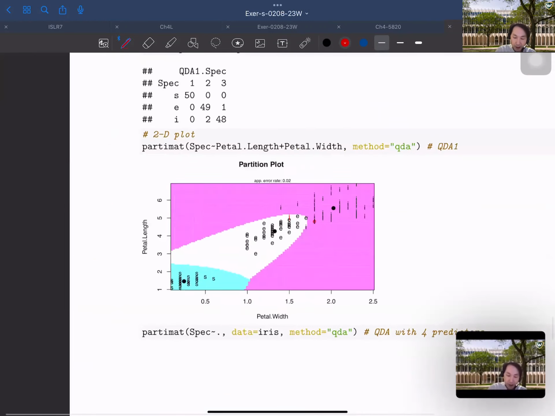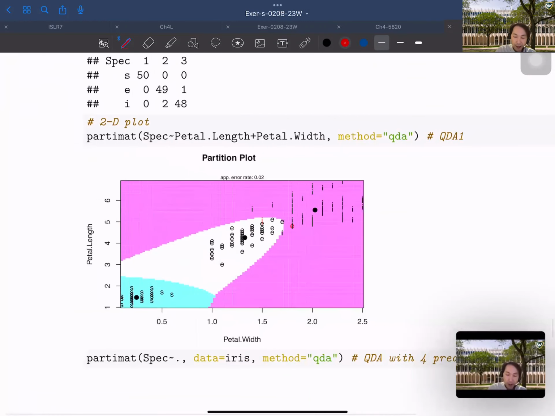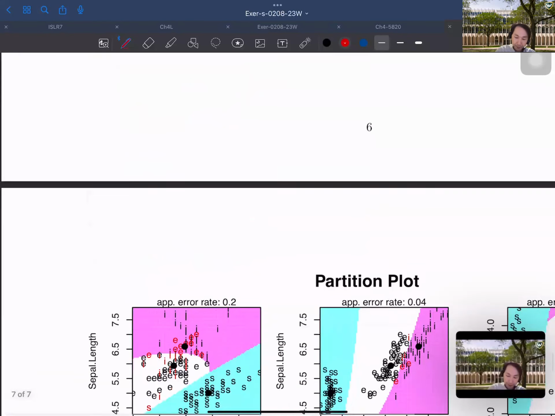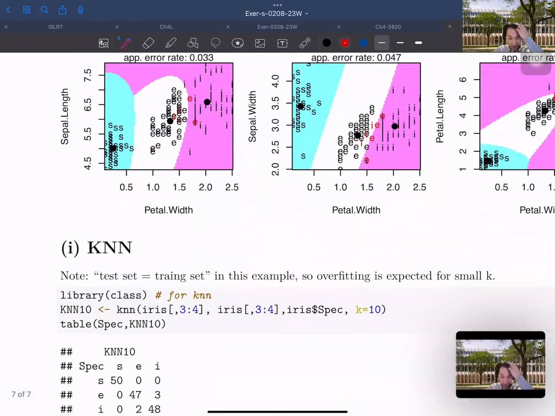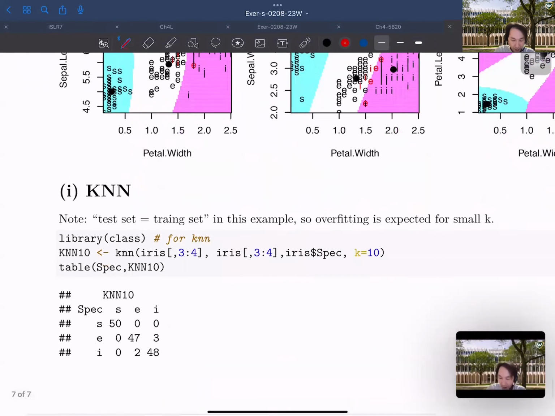You can see this is the quadratic discriminant analysis boundary. We have 3 groups and 3 boundaries, and the boundaries are hyperbolic. So this isn't super useful if there are more than 2 predictors.